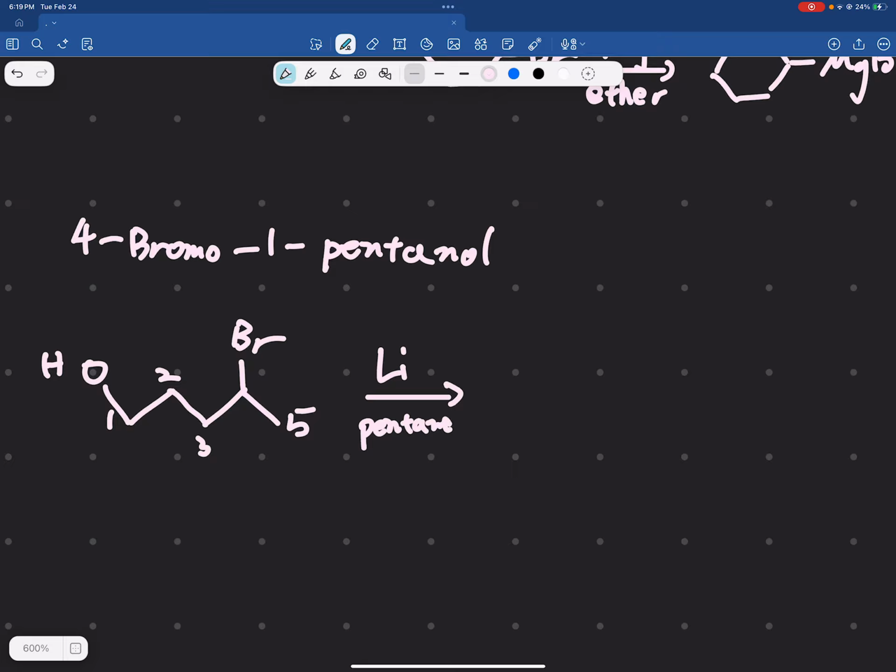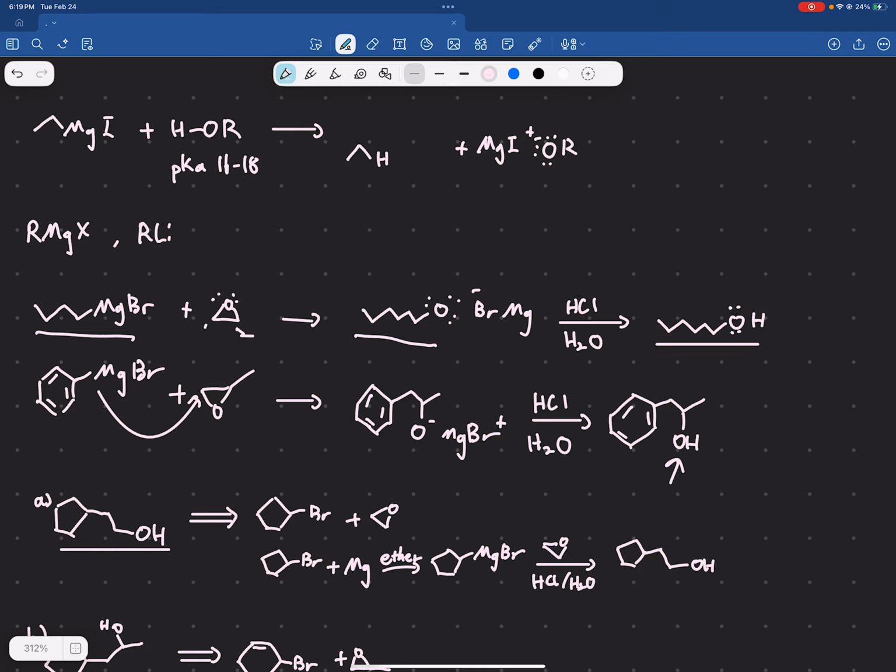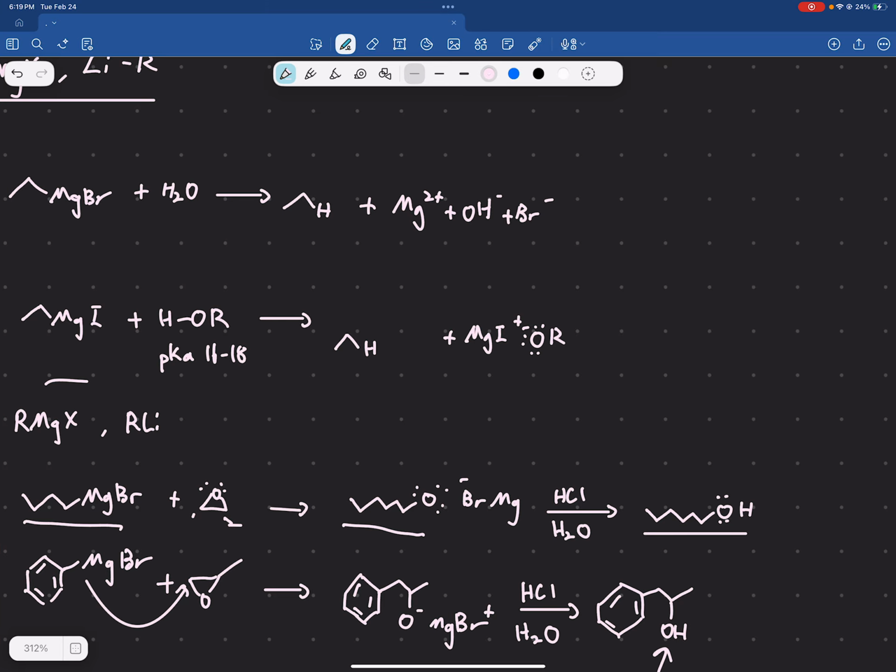If we treat this compound with lithium, it would not generate the desired organolithium reagent, because this OH group is going to react with the lithium, and it's going to do the dissociation up here.